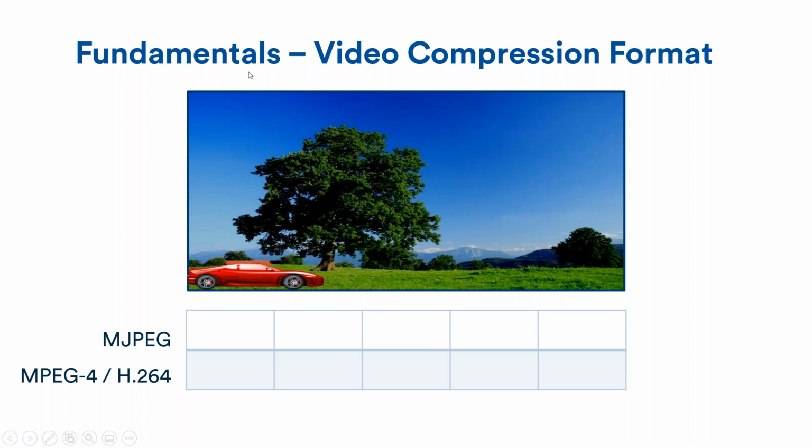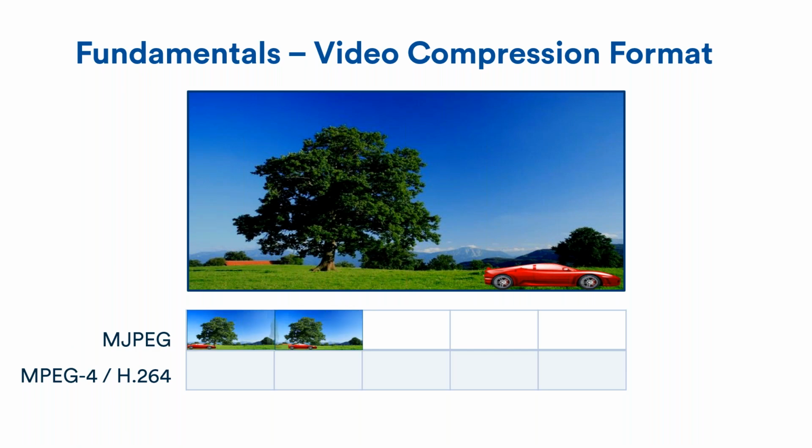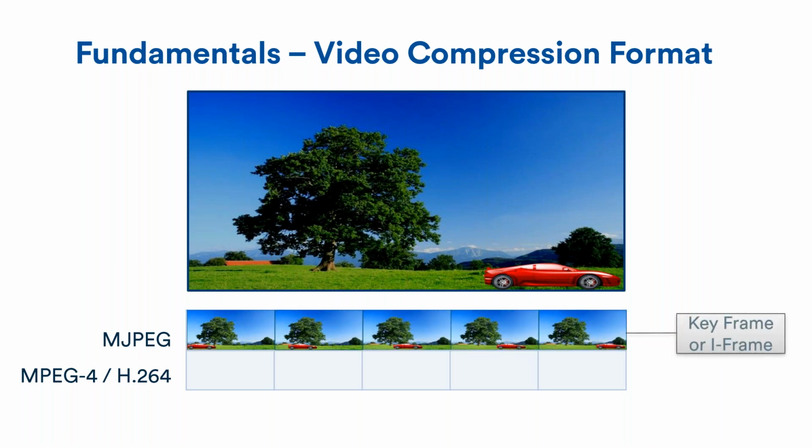If we have a camera viewing this scene and a car goes across the scene and the camera is encoding video in MJPEG, motion JPEG, every single snapshot or every single frame of video is the whole picture or a whole snapshot of what's in the scene. So we call that a keyframe or an iframe.